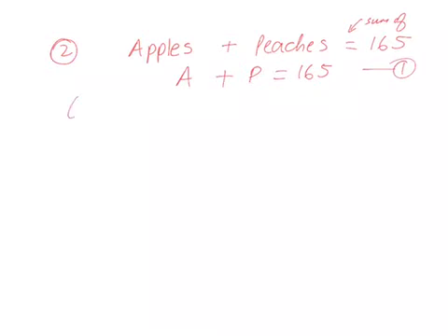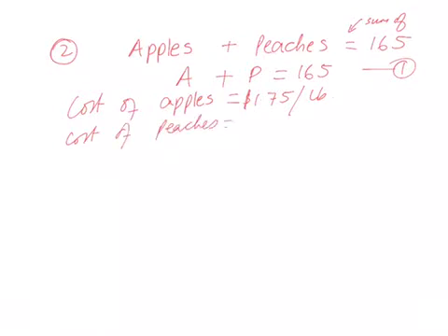Now they're saying that the cost of the apples is $1.75 per pound, right? LB is short for pound. And the cost of peaches is $2.50 per pound. So we know that she sold A apples and sold P peaches, right?